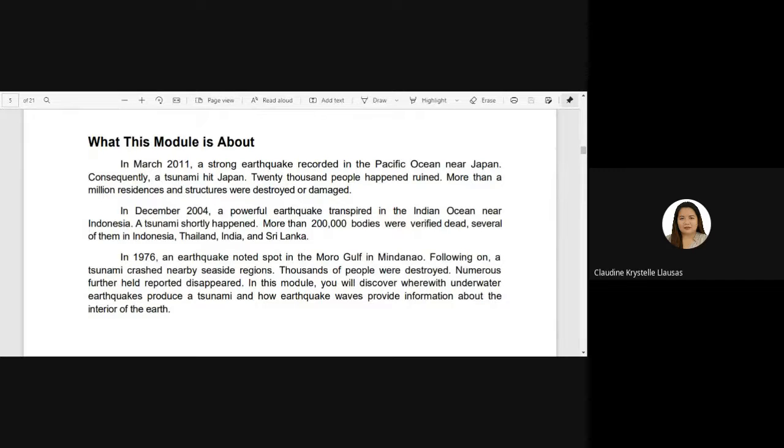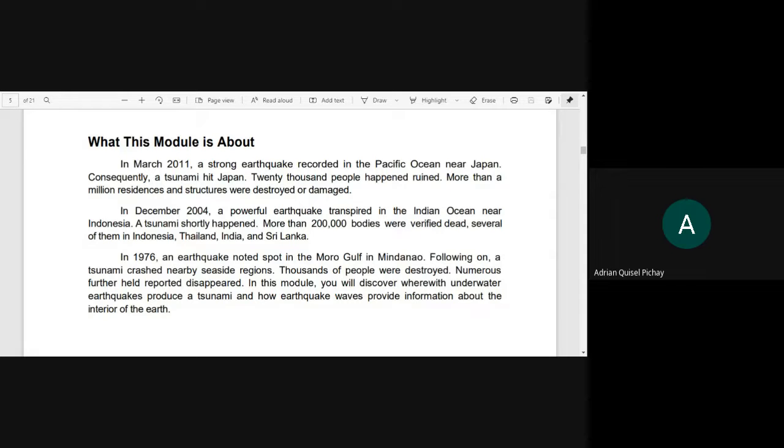So for module 2, which focuses on earthquakes, tsunami, and Earth's interior, we'll get to know the other side of earthquakes. Okay. Adrian, please read what this module is about. First paragraph.